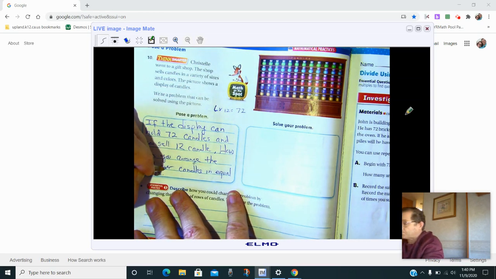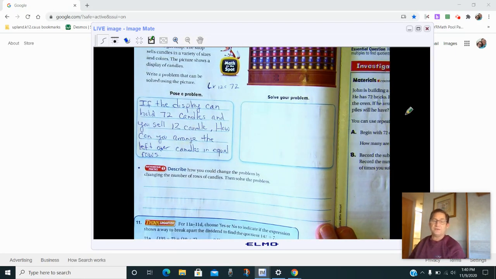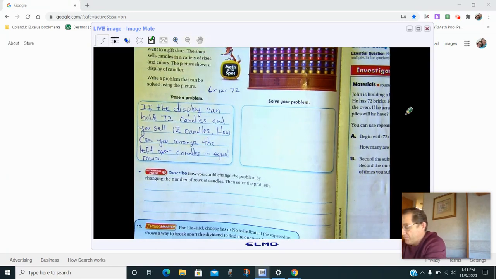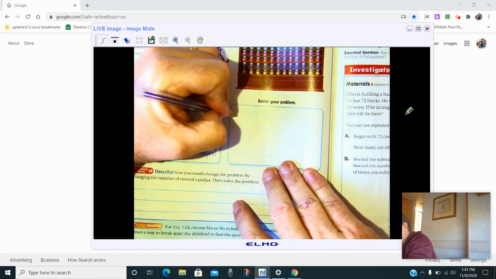So if the display can hold 72 candles, I sell 12 candles, how can you arrange the leftover candles in equal rows? Well, to solve that, we could say 72 take away 12, I have 60 left.